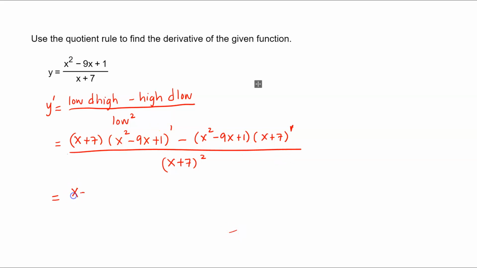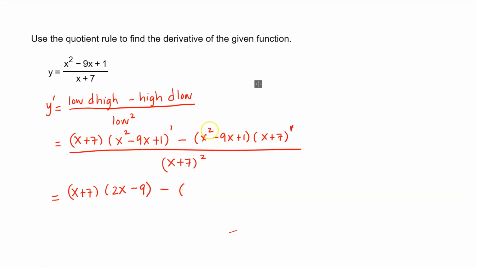So we have x plus 7 times the derivative of x squared minus 9x plus 1. The derivative of x squared is 2x, minus the derivative of 9x is 9, so you have negative 9.